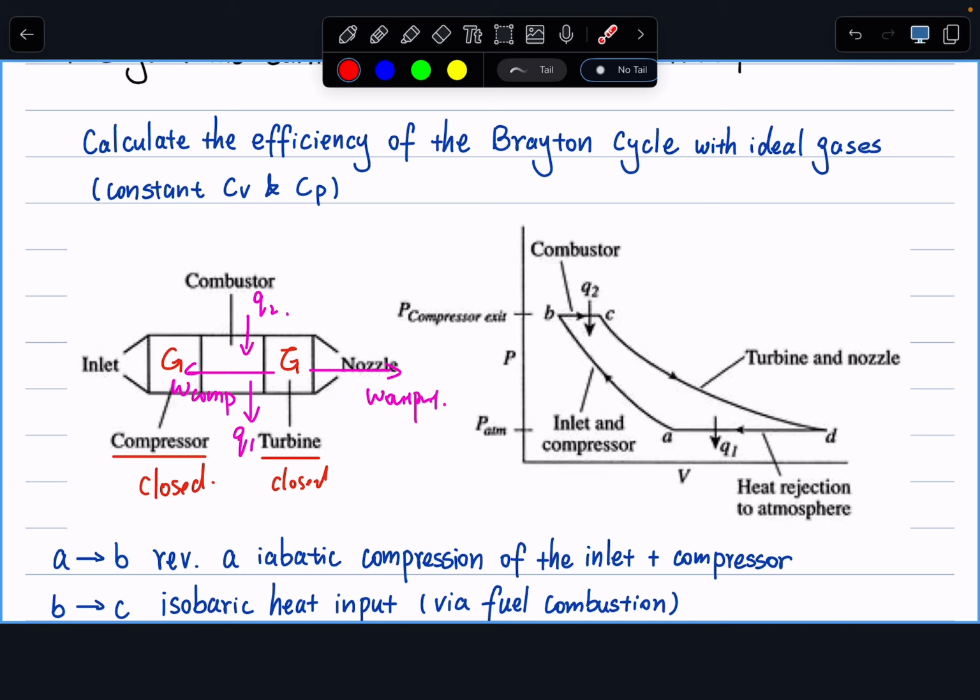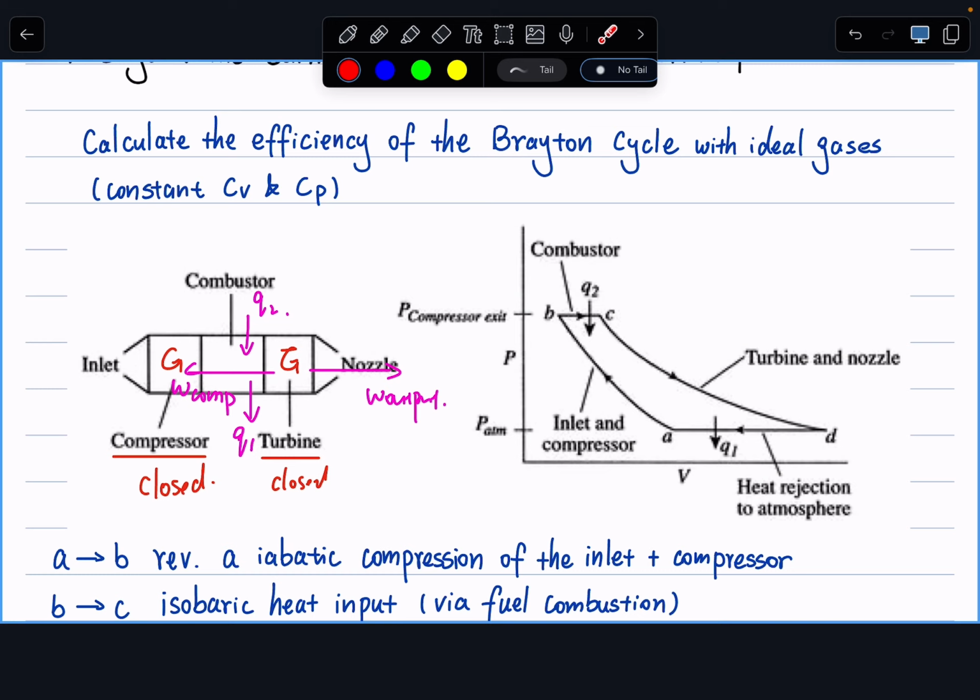So in this equation, we find out our work output, or work output absolute, over heat input. Now in this case, the heat is going into my system in my process between B to C, and then heat goes out from my system to the surrounding between D to A. So Q2 is my heat input.